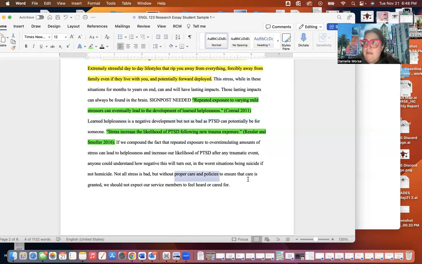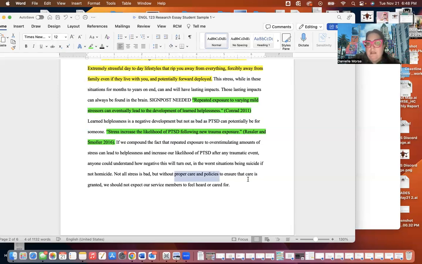Proper care and policies. Well, there is stuff there. I'm not making excuses for it. I'm just saying you do have to identify what is currently in place and where it is problematic.